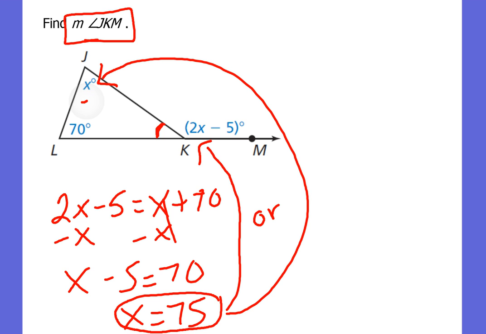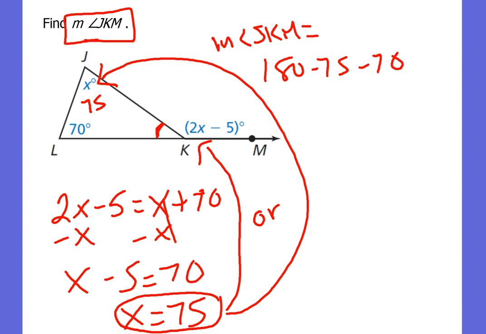If x is 75, that means this value is 75 as well. And the remaining angle is whatever 75 and 70 is subtracted from 180. So the measure of angle JKM is equal to 180 minus 75 minus 70.